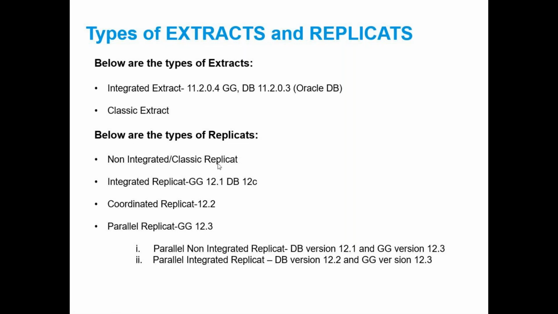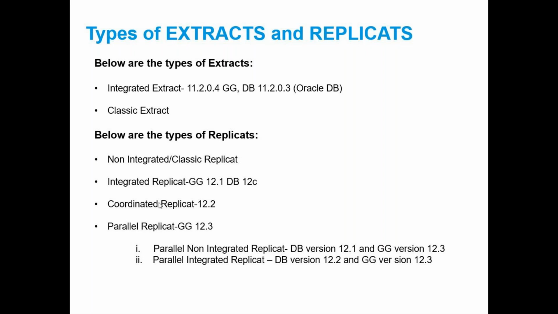What happens in classic Replicat is that multiple threads of classic Replicat run. Say for example, you have 1,000 rows to be replicated from source to target, and you run 3 threads in coordinated Replicat. Thread 1 will take care of transactions from 1 to 333.